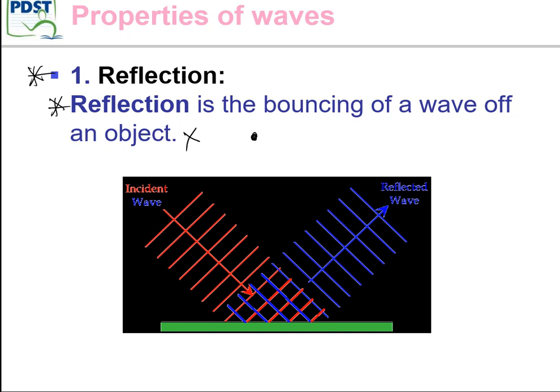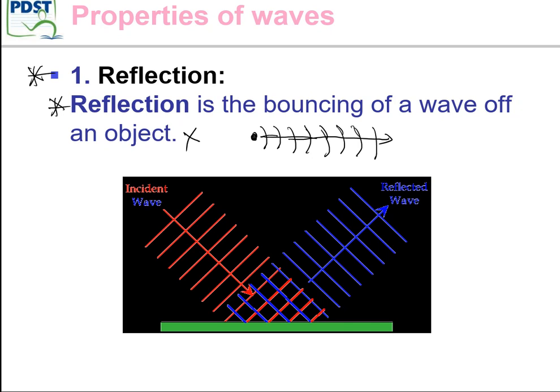Like if you drop a rock in water, that rock is going to produce waves. And the waves will have higher points, which are crests. So the wave will be making these vertical lines. But then the wave will be moving outwards while making those vertical lines.